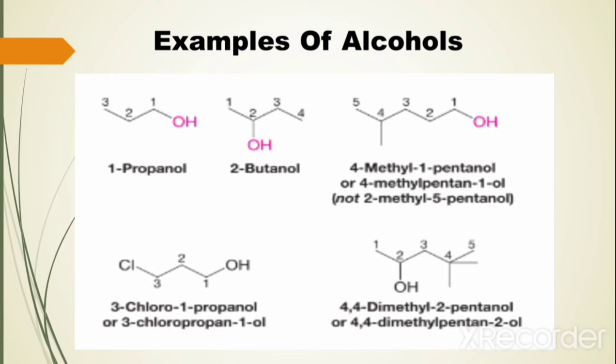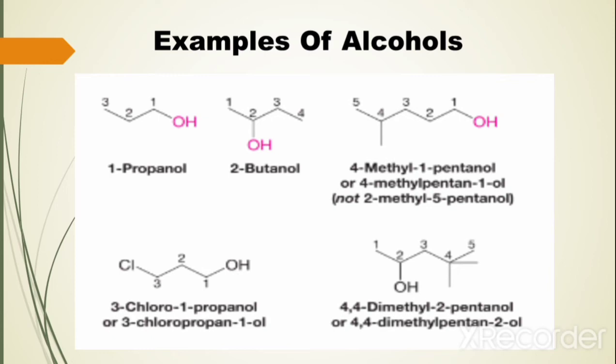And the other example is a 5 carbon chain in which on the second position carbon there is a hydroxyl group, and on the fourth position there are two substituents, and these are the same substituents, methyl groups.